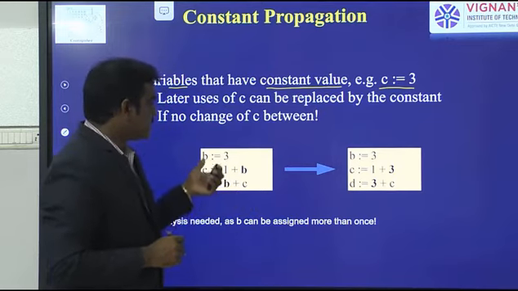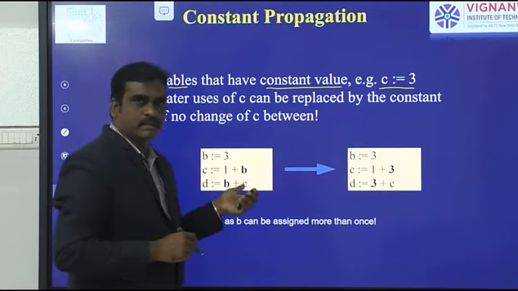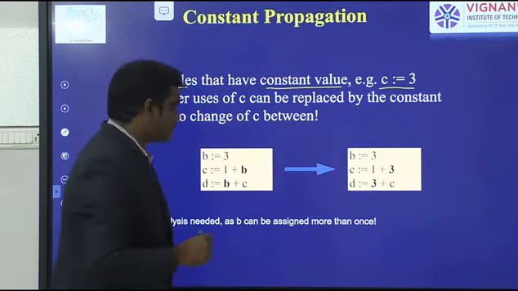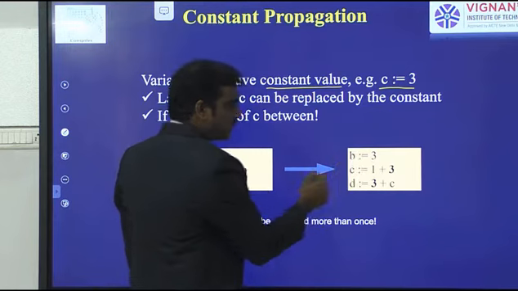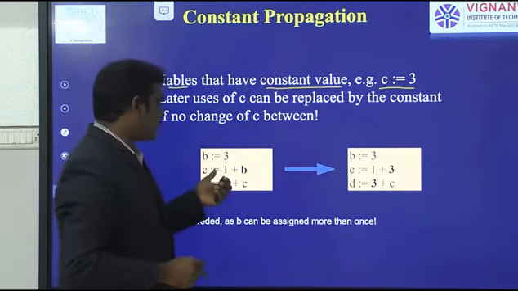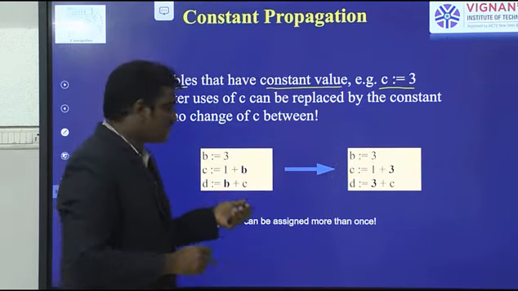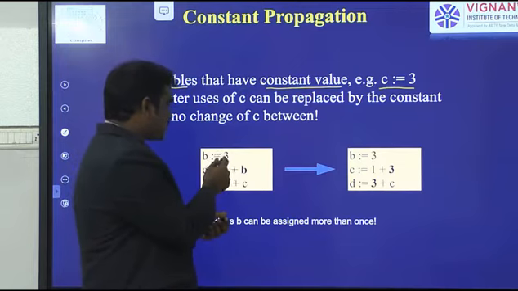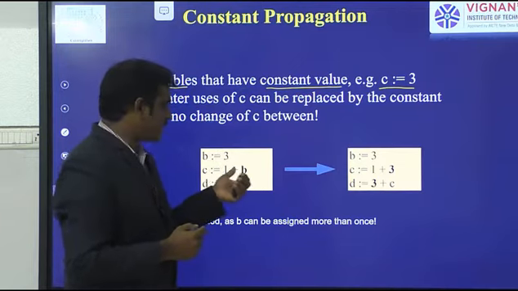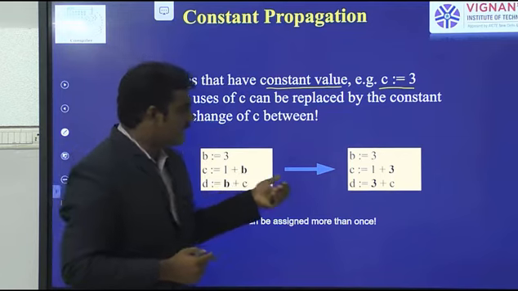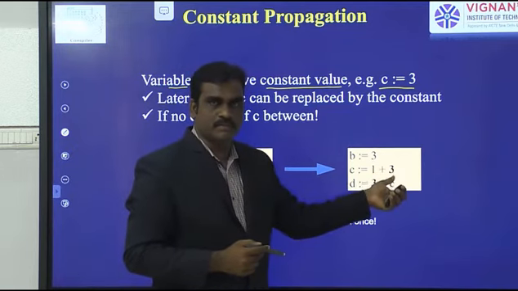Instead of this, you can write B equal to 3. Next, C equal to 1 plus B. What is B? Just now the value 3 was assigned to B, so instead you can directly write the value 3.